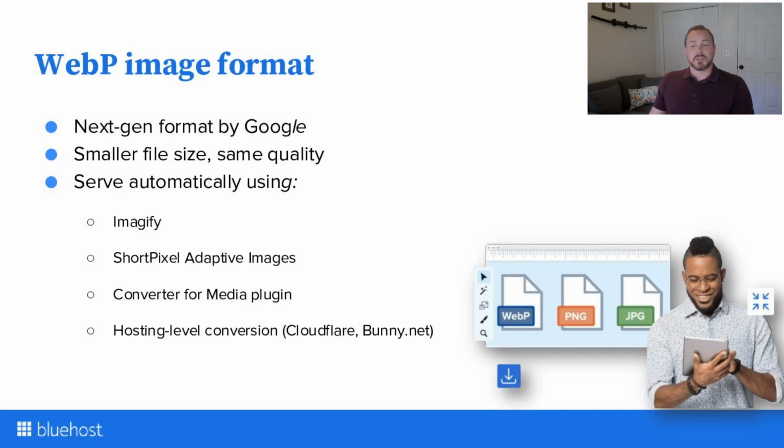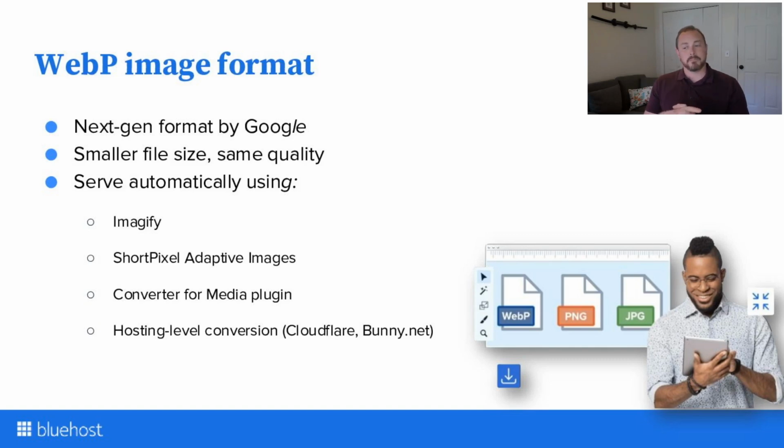In general, it's designed to be a little more optimized. When we use plugins like Imagify or ShortPixel or some of these other things that can take JPEGs and PNGs and convert them to WebP, it's really just a setting that you can check, and those images will be automatically converted to WebP, and you don't have to think too much about it.